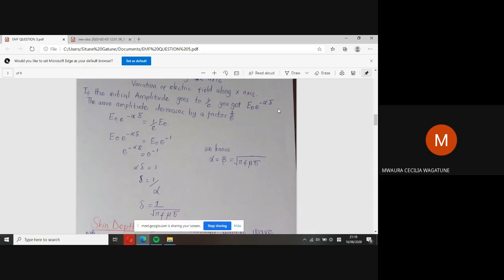So if the initial amplitude goes down with a factor of 1 over E, you get E naught, E to the power sigma and then the skin depth. So you will equate these two.